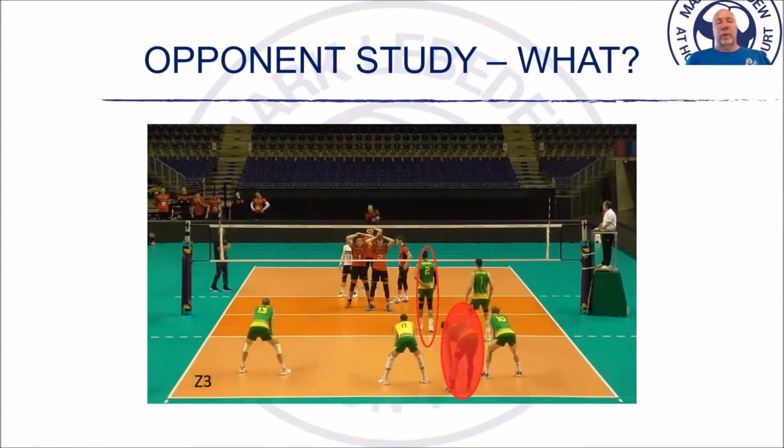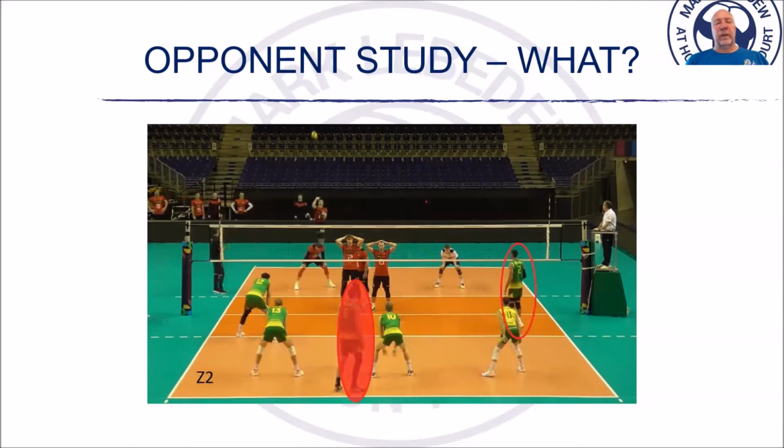Position 3 and position 2 are similar in that there is sometimes, and this would depend on the level, and the lower the level, the more stark this tendency is, but these will be the rotations with the least amount of balls set to the right side of the court, in this case position 1, and there's really big opportunities there to organize our block to take advantage of some of those situations, even at this level.